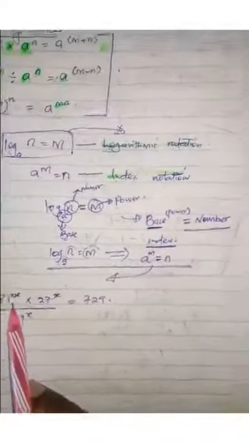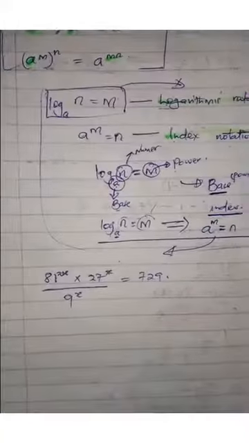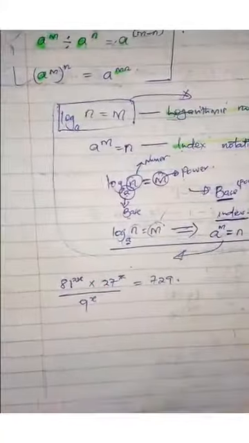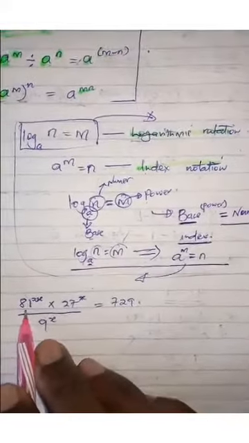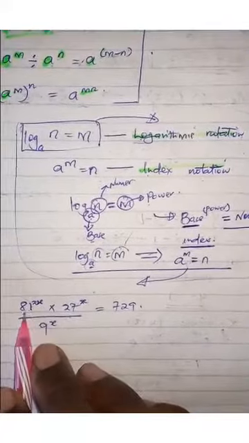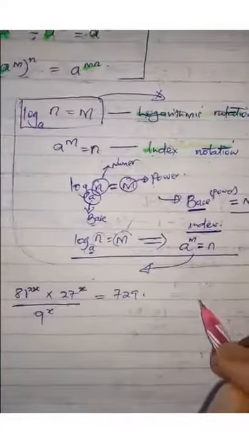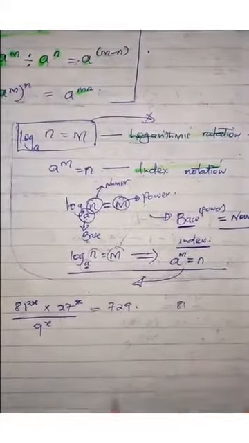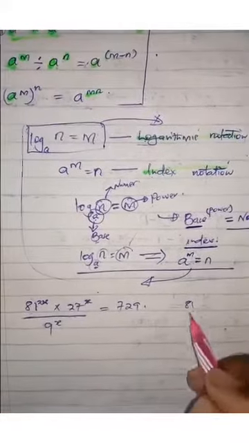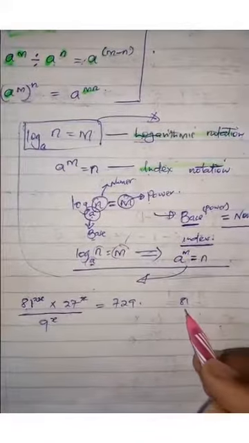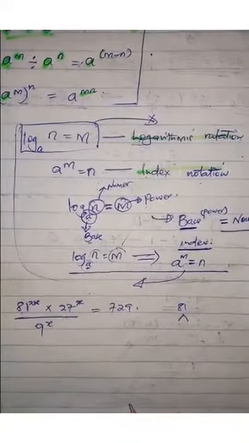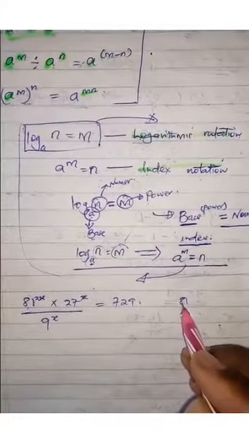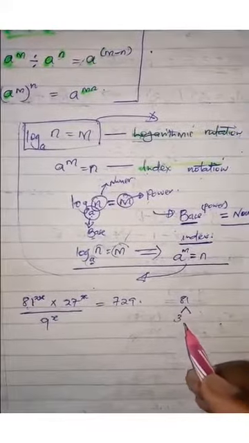If you look at them, they are all multiples of 3. So you need to write 81 as a base of 3, and to change 81 to base 3, you need to use the factorization method.